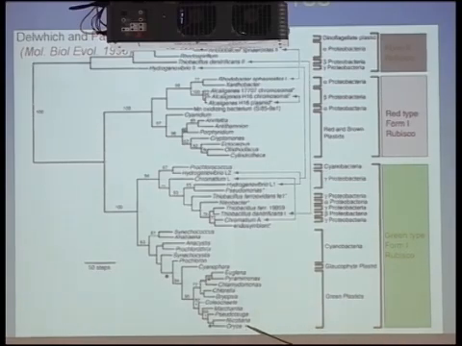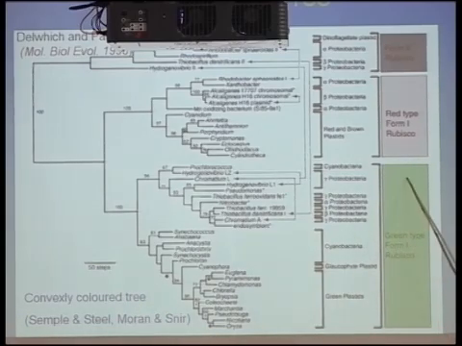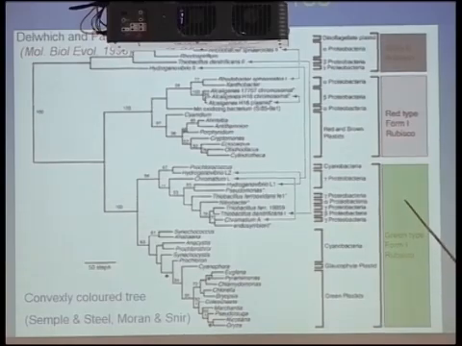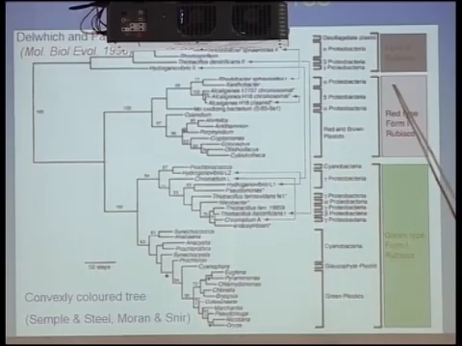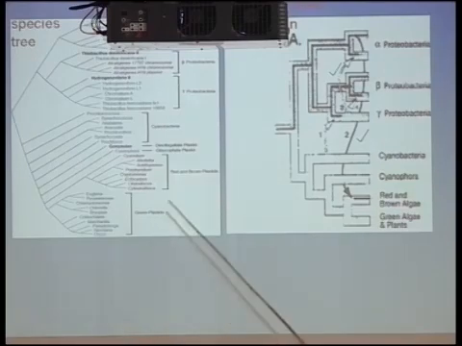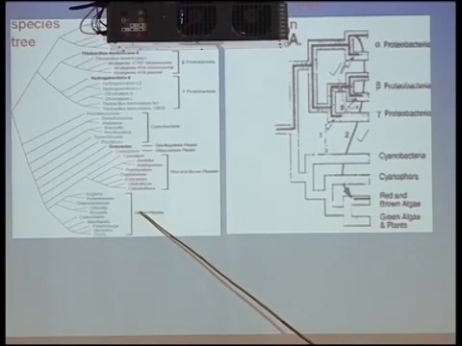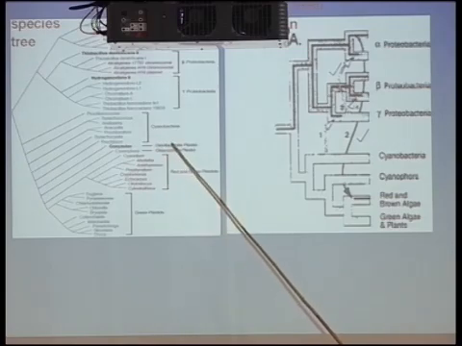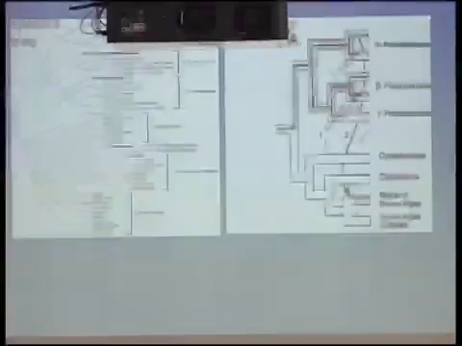Here we see the rice and the nicotiana, which is the nicotine, and these are the red algae, okay? And actually, this is a convexly colored tree where you see that all the green are one subtree, the red is a subtree, and the form 2 is also a subtree. And here is the species tree of these organisms, and you see that this one is completely not convex with respect to the red and green coloring.